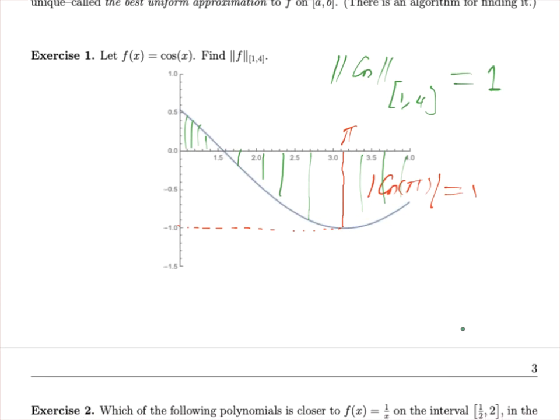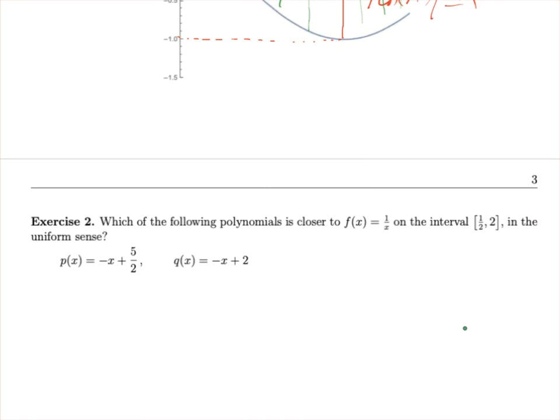Here's another exercise, which I'm going to leave as an exercise. The question is, which of the following polynomials is closer to f of x equals 1 over x, on the interval half to 2?